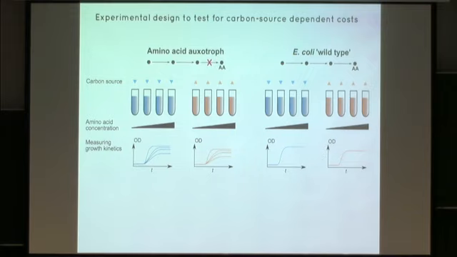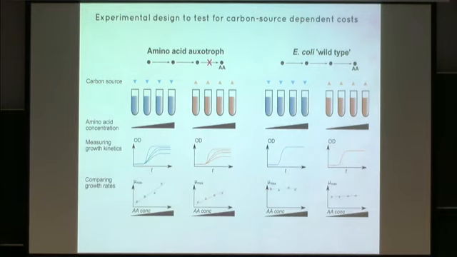So from these cultures, I simply measured the kinetic growth curves. And the final graph that I wanted to get out of this experiment is this response curve, where you have on the x-axis the increasing amino acid concentration, on the y-axis the growth rates. A general outcome, also found in previous experiments, is that the wild type is not very responsive to amino acid supplementation in terms of maximum growth rate.